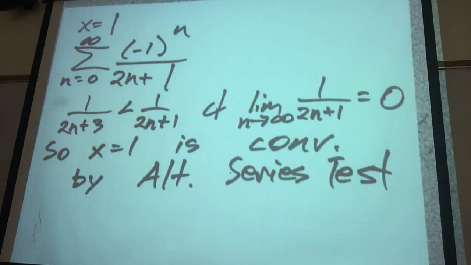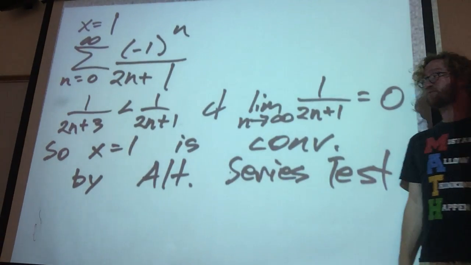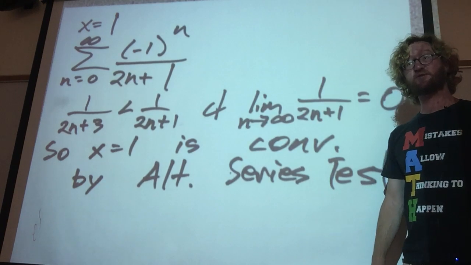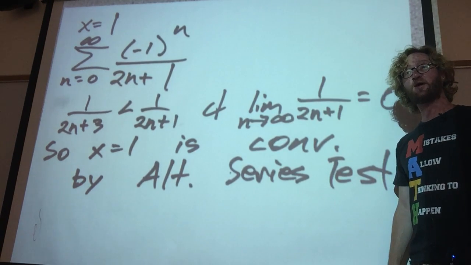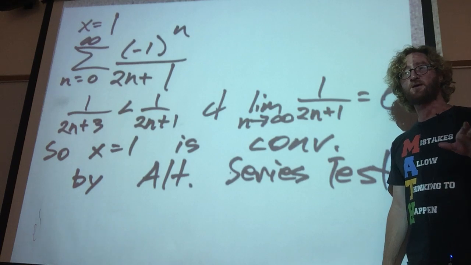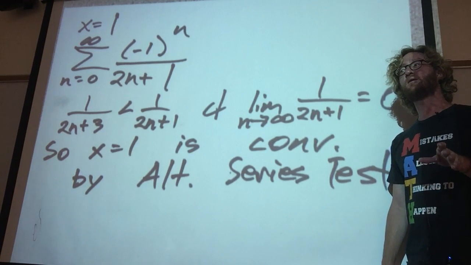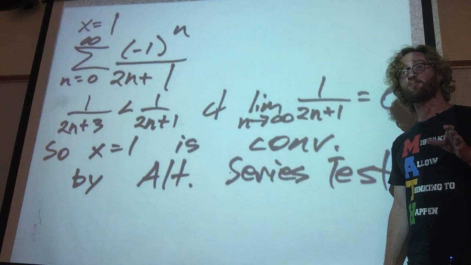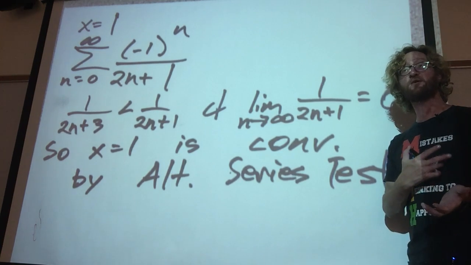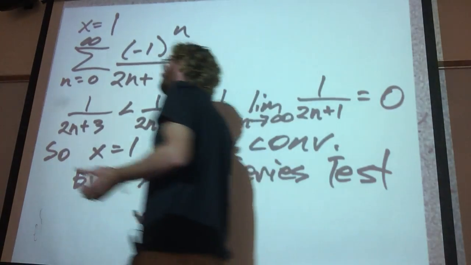Okay, now why is this important that x equals 1 is convergent by the alternating series test? The reason that this is an important place when considering convergence has to do with this.